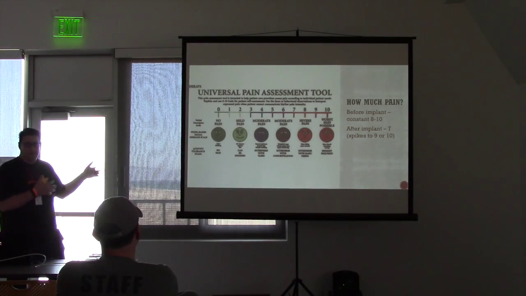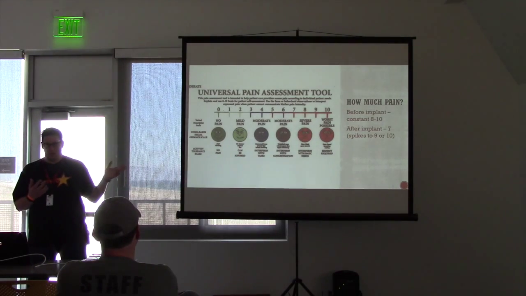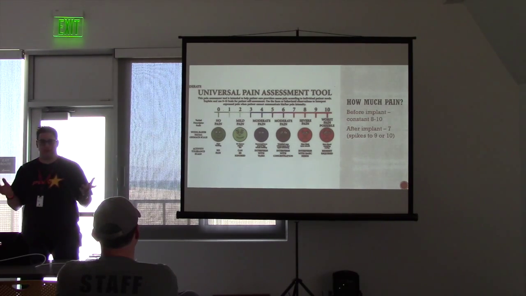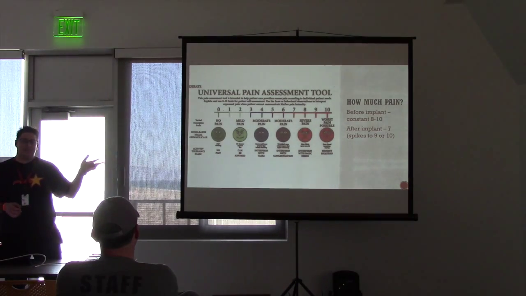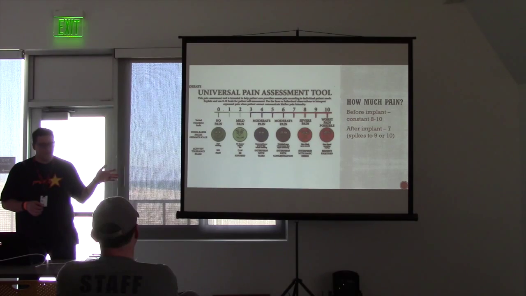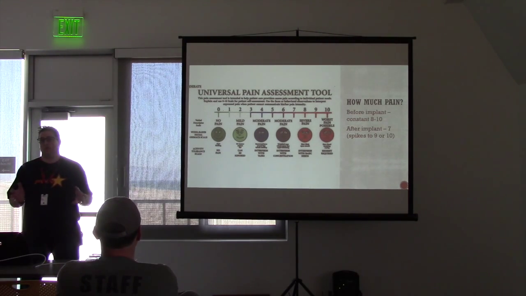So this is what you've probably seen if you've ever been to a hospital. We call this a universal pain assessment tool. CRPS, according to WebMD, is the most painful syndrome you can have. Fantastic. Pick the winner. Before the surgery she had, on an average day, somewhere between an 8 and a 10, which basically means you're non-functional.